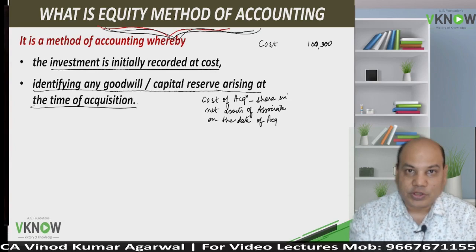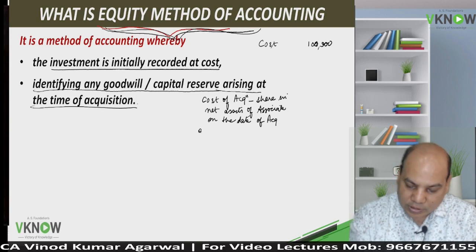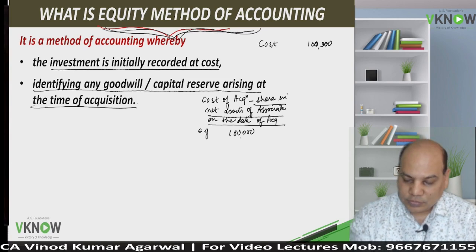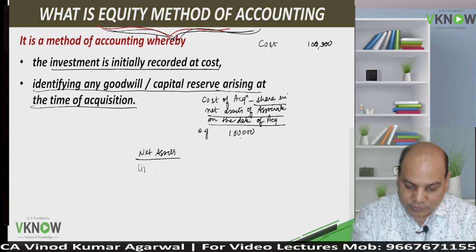If cost of acquisition is more than the share in net asset, we will call it goodwill. For example, cost of acquisition is 1 lakh, share in net asset of the associate. Now, how do you compute the net asset of the associate? Net assets of associate can be calculated in two ways.